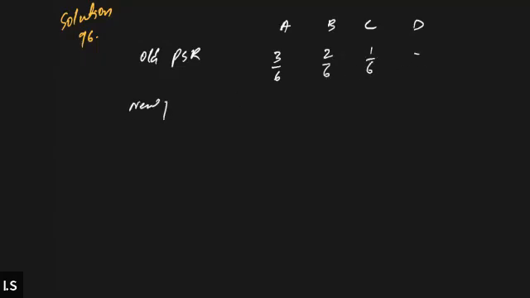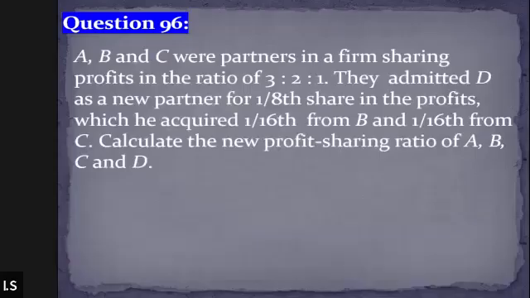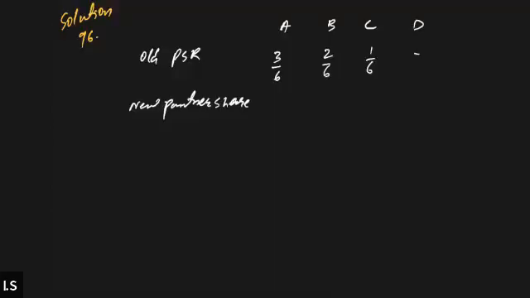New partner's share. The new partner's share is also given in the question. The question tells us that the new partner will be sharing 1/8 share in the profit. So his share is 1/8.